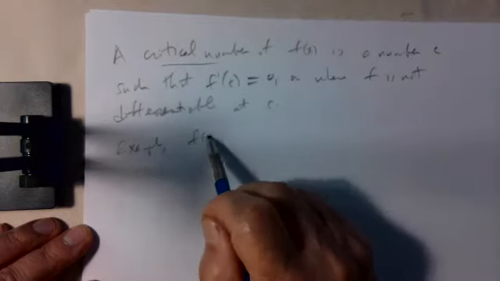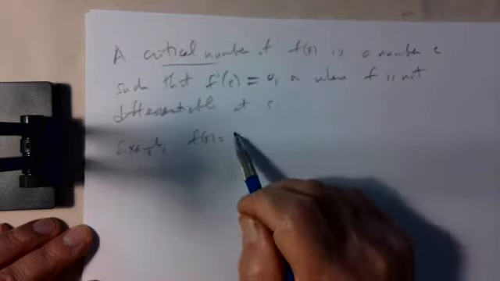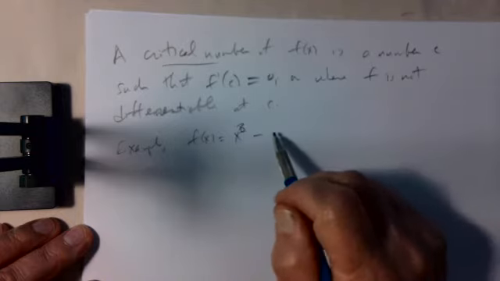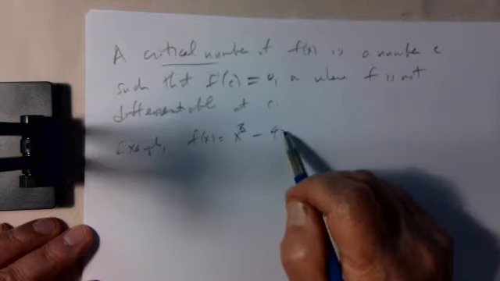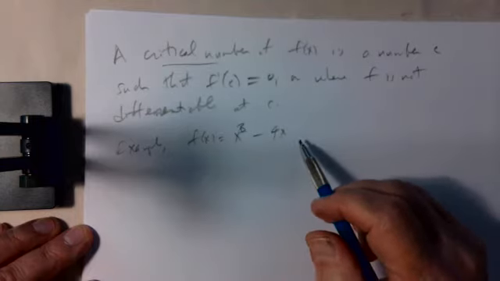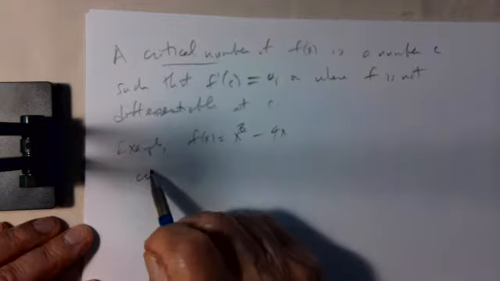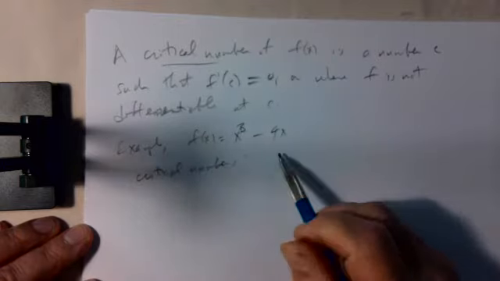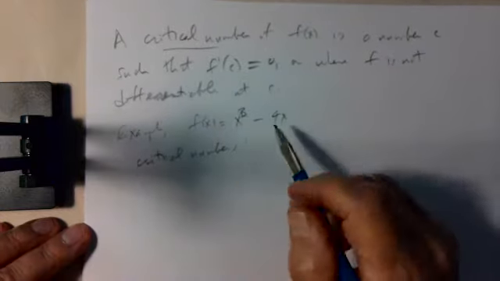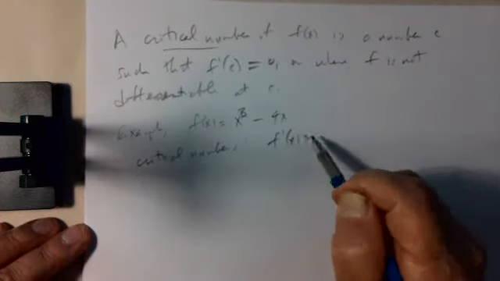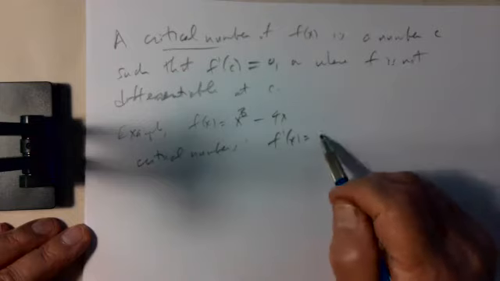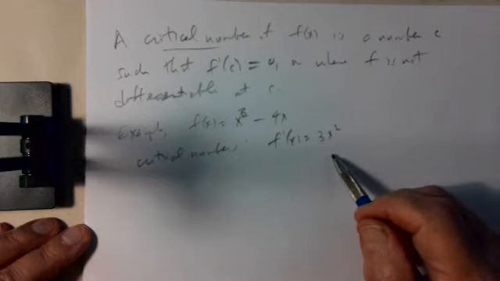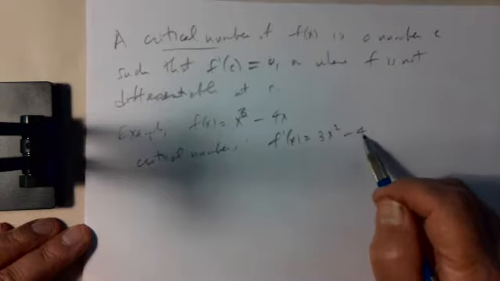So for example, if you look at the function f of x equals x cubed minus 4x, what are the critical numbers? This function is differentiable everywhere. The derivative is 3x squared minus 4.